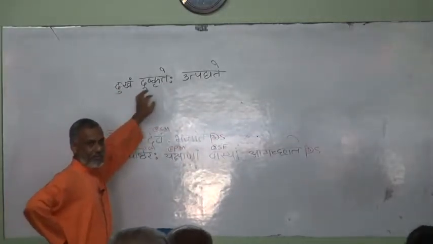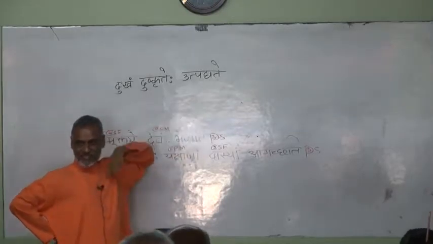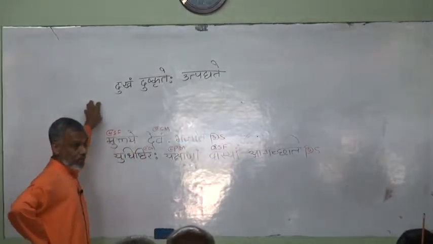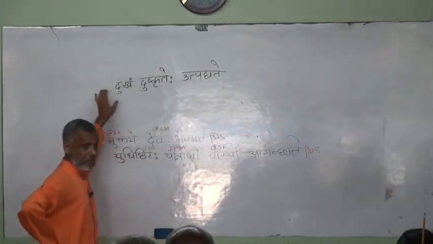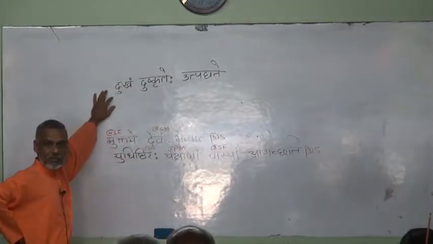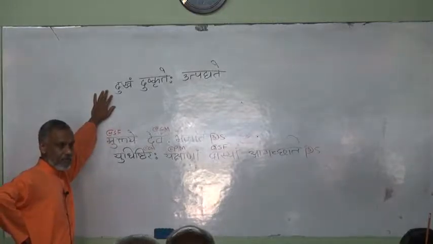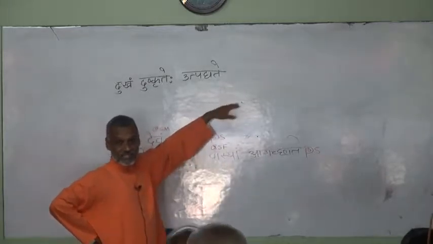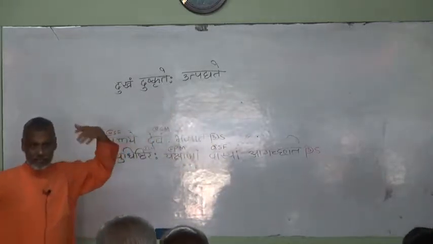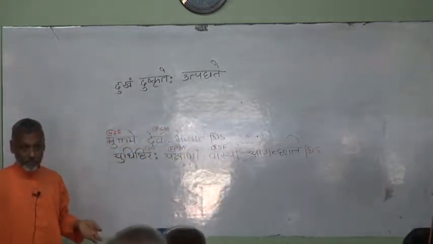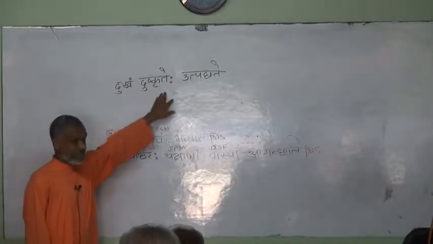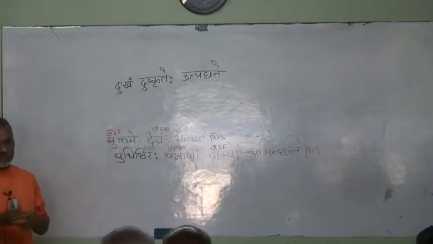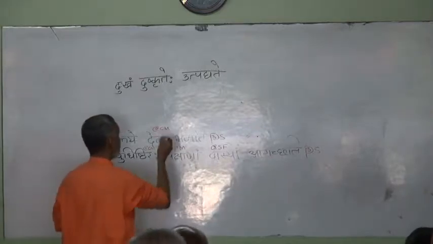Dukkham rises. This is third person singular. Dukkham is what? Sorrow. Dukkham rises. Now this word you're supposed to know because I gave this. This is like mati. In what case is that? Fifth case it is.